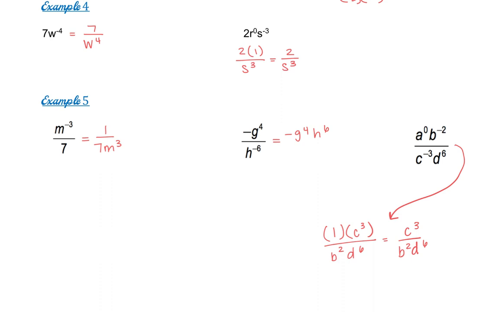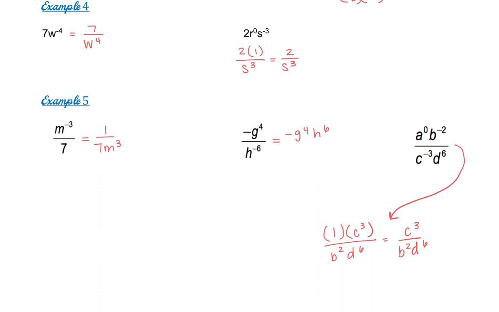Moving on to our last one. Remember, anything to the power of 0 is always going to be 1. So a to the power of 0, I change that to 1 in parentheses. B to the power of negative 2, remember, to make it positive, I am going to move it to the denominator. And then c to the power of negative 3, in order to make it positive, I'm going to take it from the denominator and move it up to the numerator.